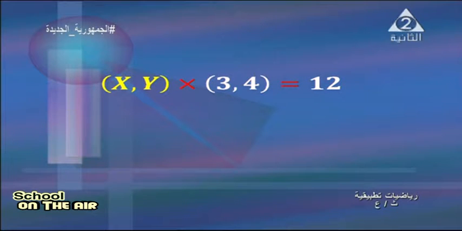R cross F equals 12, the moment. We don't know the position vector R. R cross F with (3, 4) equals 12, then 4x minus 3y equals 12.